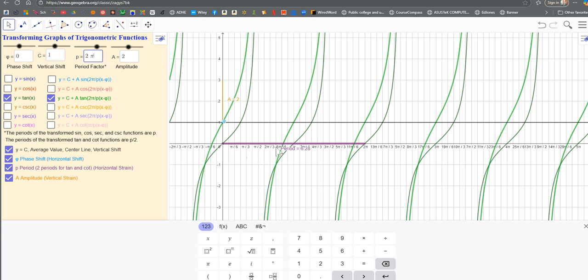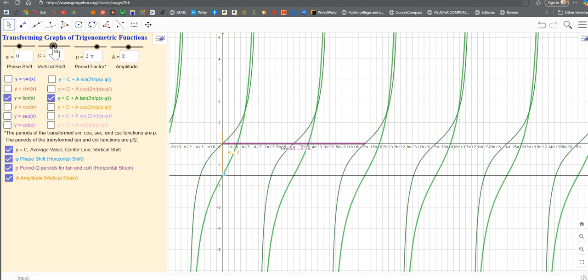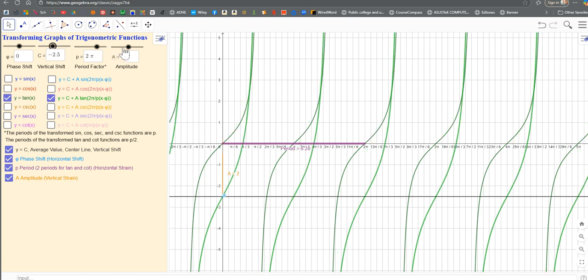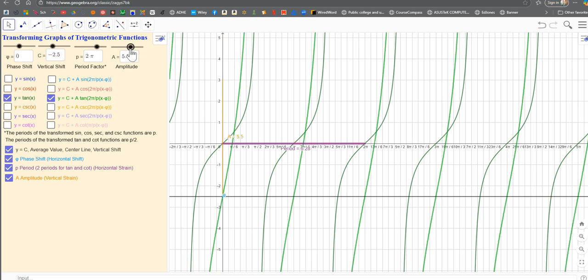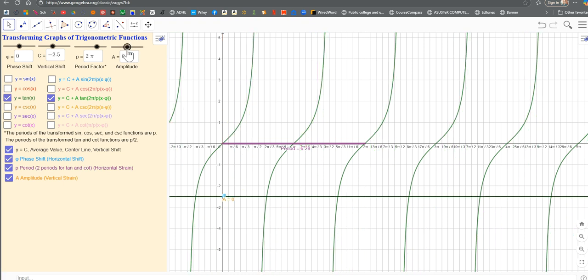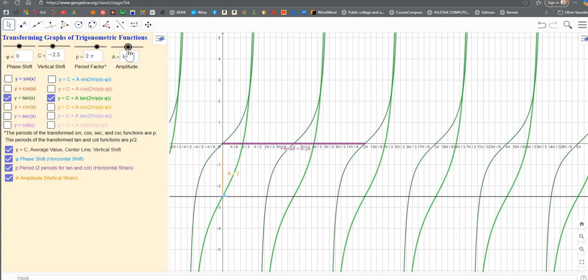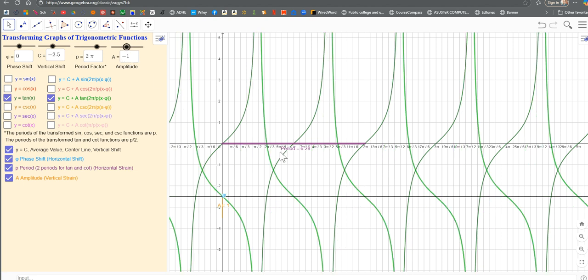If you go through 0 to 2 pi, notice that this thing goes through 2 whole cycles instead of just 1 for the original one. Well, for both of them in this case. This one is just shifting the whole thing up and down. This one is dealing with the stretch or compression vertically. And if it goes into the negatives, now it's switched upside down.